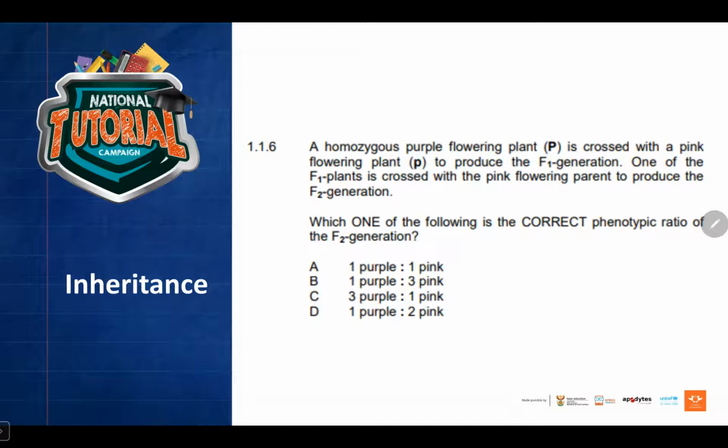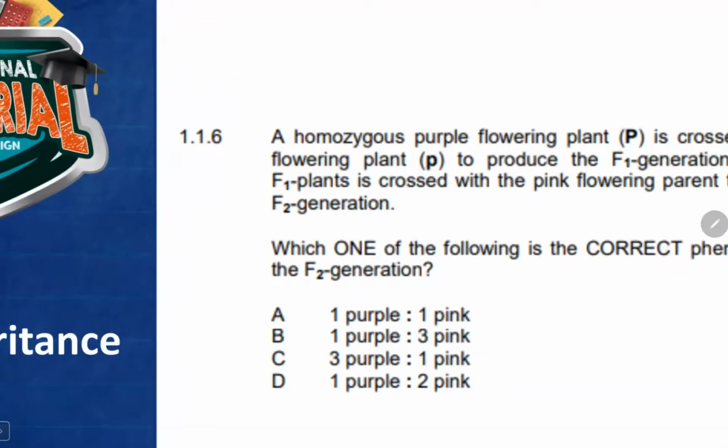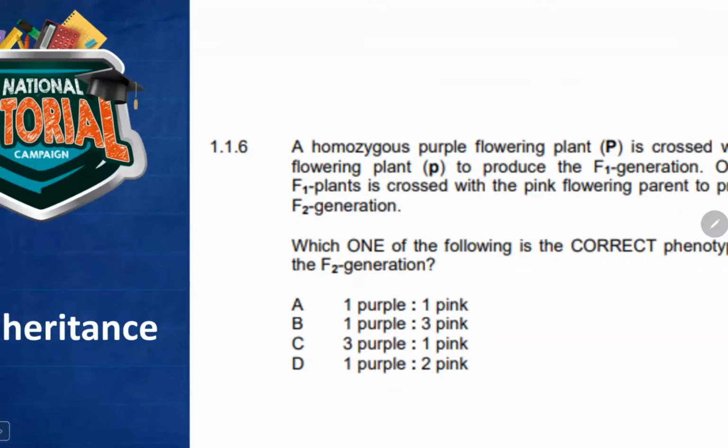So to be able to answer this question, there's just a few terms that we need to be familiar with. Let's remind ourselves of all the definitions. So firstly, homozygous. The prefix homo always means the same.